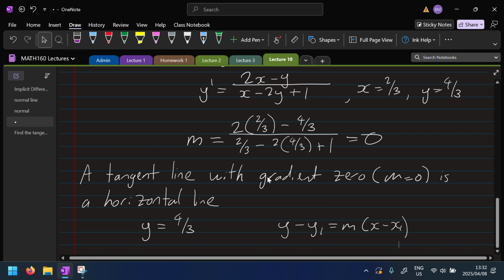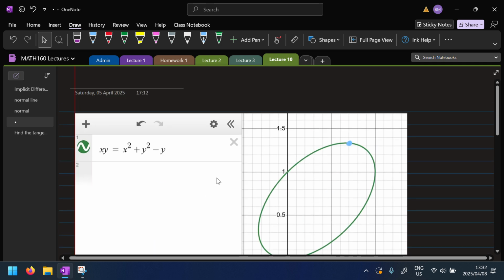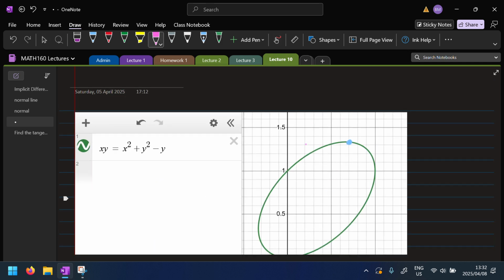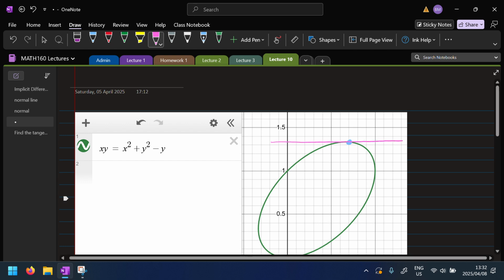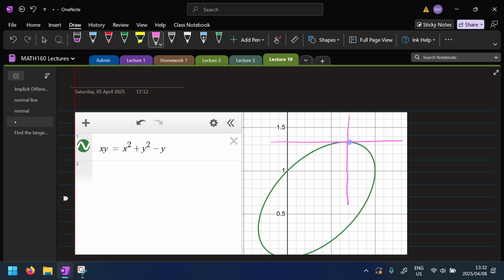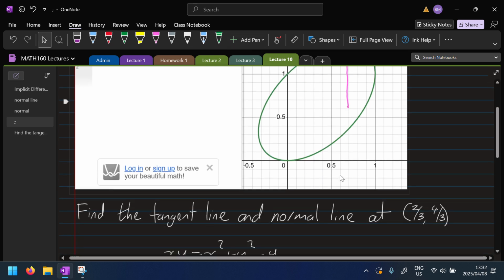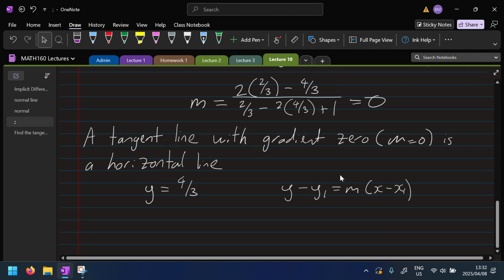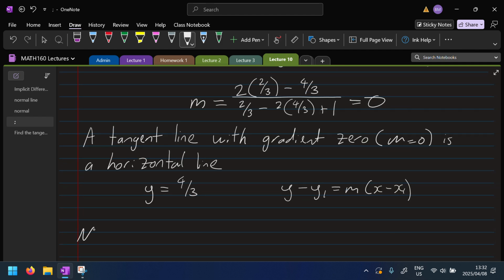And we can sketch this as well. So the tangent line y equals 4/3, that's just going to be this line over here. Okay, so that's our tangent line. And then the normal line, that's going to be this line here. And we see that the normal line is just a vertical line, so that will be x equals 2/3.